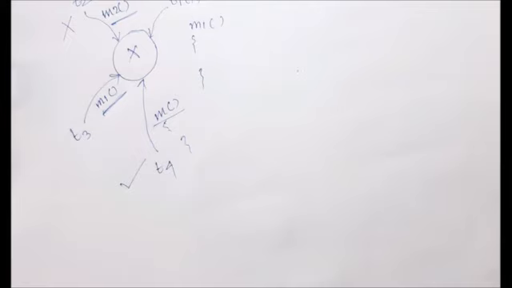So if a thread acquires a lock, then only it can access the synchronized method on that particular object. If any other thread simultaneously wants to access this synchronized method or any other synchronized method on this object, it will not be allowed to execute, but any other non-synchronized method will be executed.